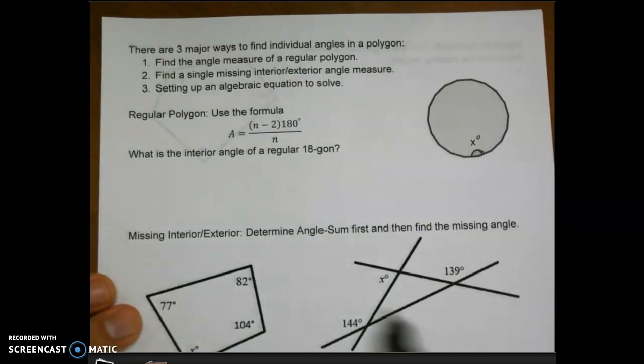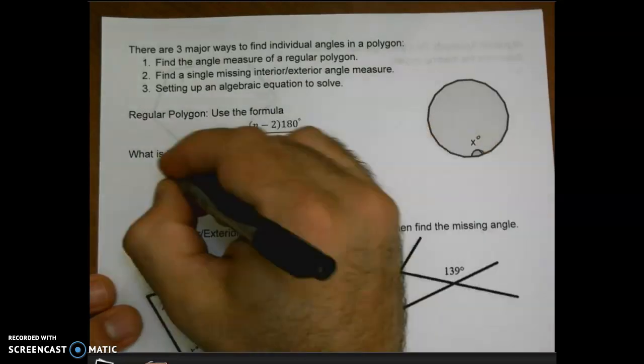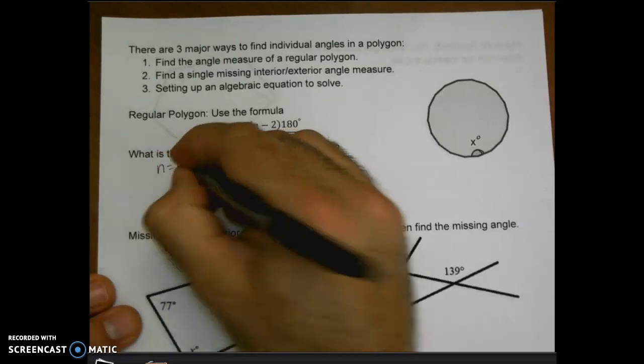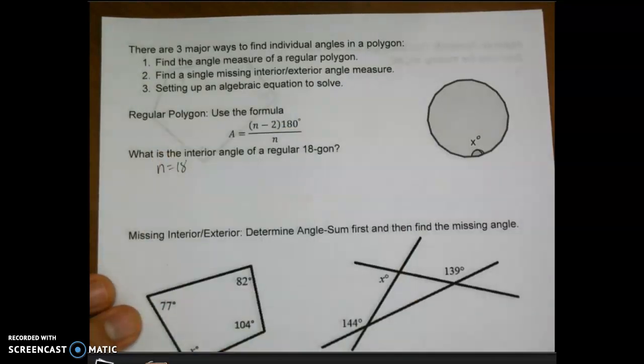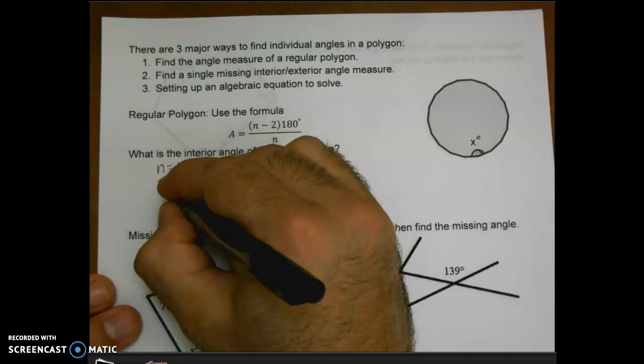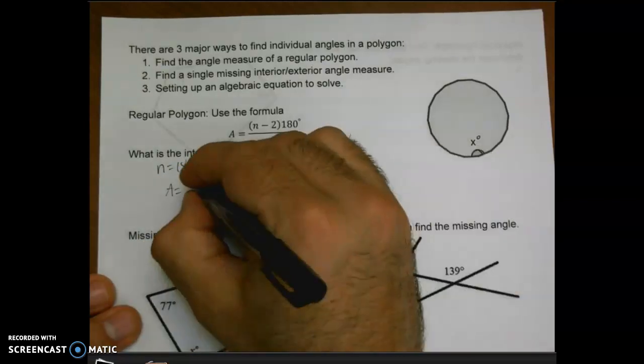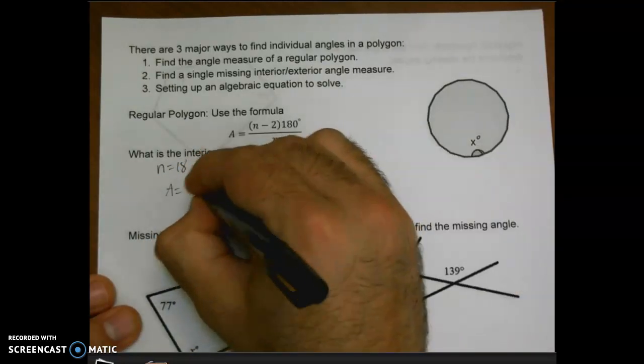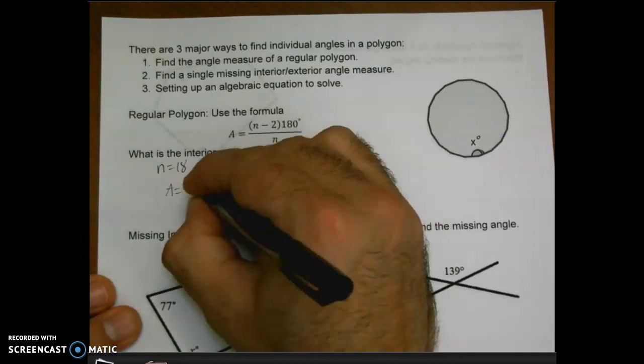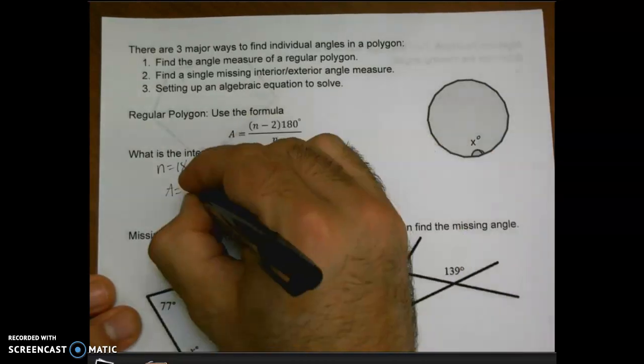Straightforwardly, I just want to use my formula. Remember, this is an 18-gon, so n equals 18. Remember, it's two substitutions. So a is equal to 18 minus 2 times 180 degrees. That's my first substitution of n.